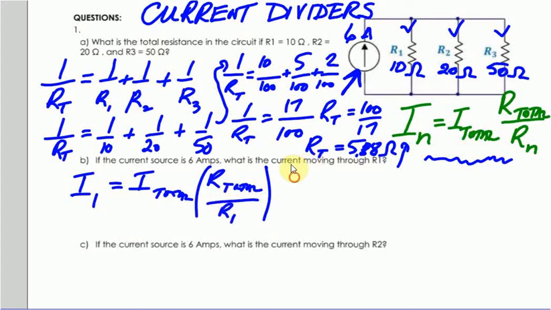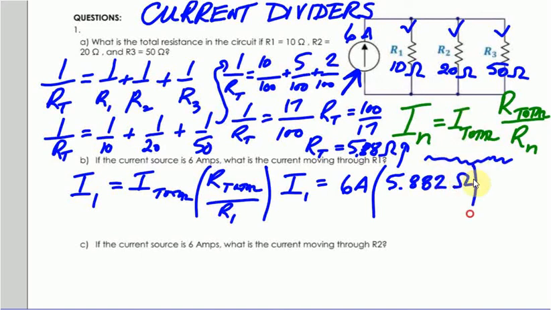So plugging into this formula, I1 is equal to, well, the total current is given as 6 amps, multiplied by the total resistance, which is 5.88. I'm going to take one more decimal place. I'm going to take 5.882 ohms and divide that by the resistor value. R1 is 10 ohms.